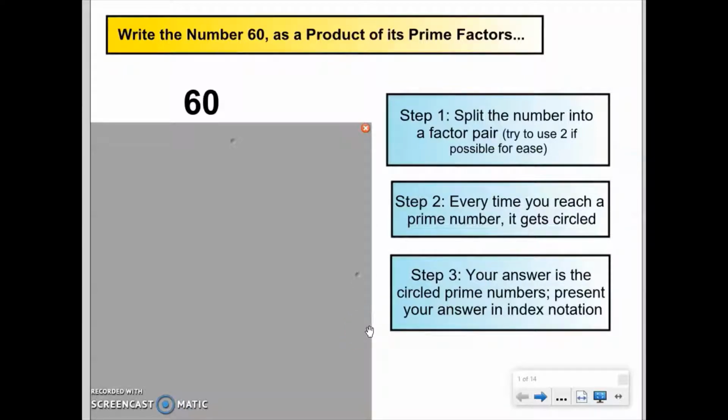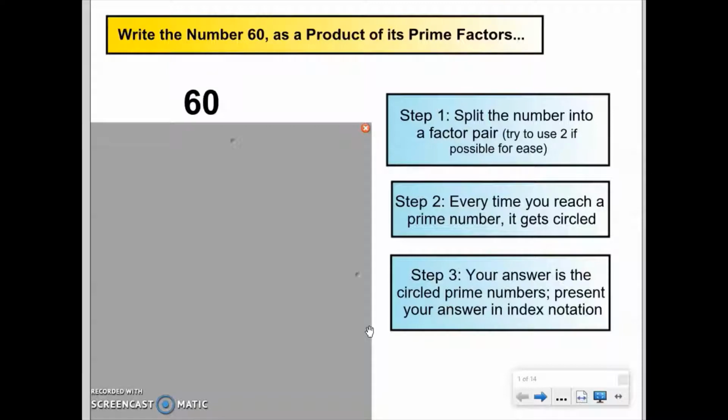In this video, we are going to be looking at presenting a number as a product of its prime factors. What that means is we can take any number greater than 1 and split it to show that it can be made by multiplying other whole prime numbers.